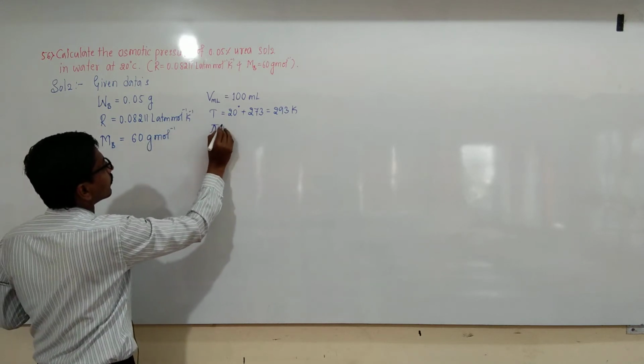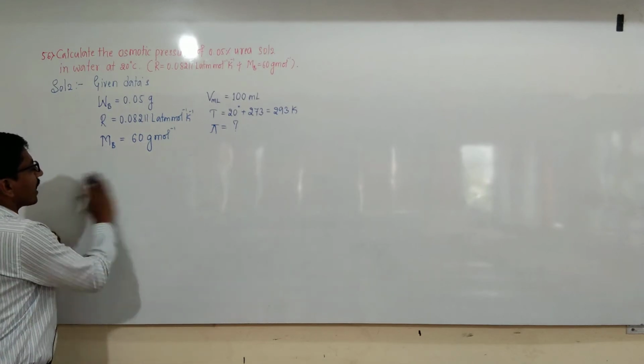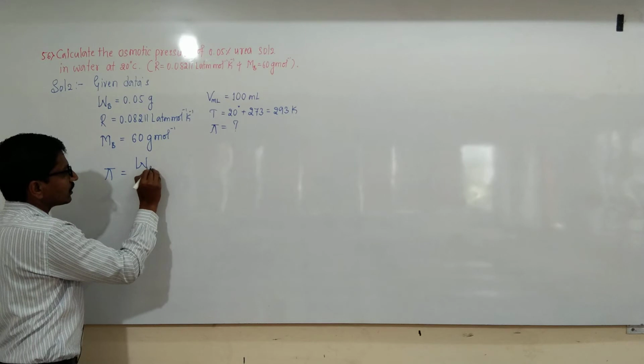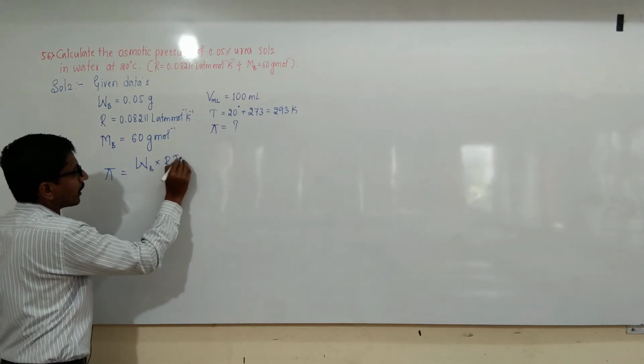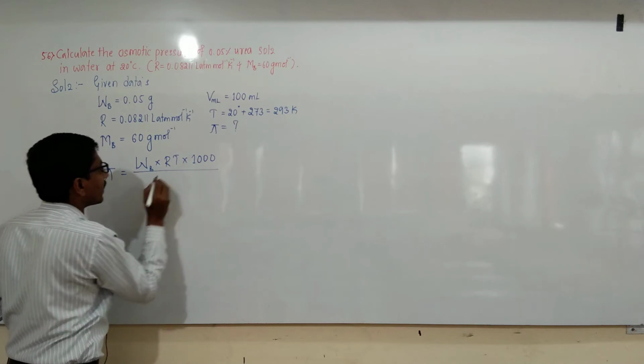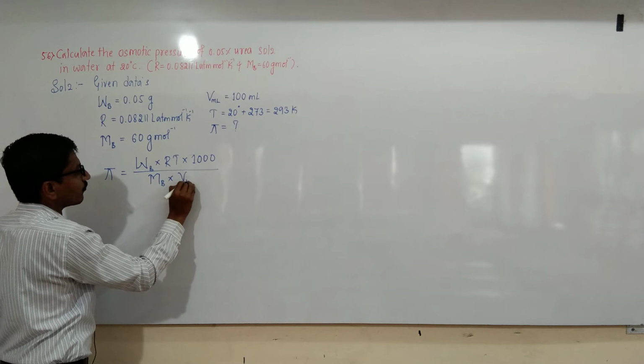Then from these values osmotic pressure is calculated by using a relation pi is equal to WB into RT into 1000 divided by MB into V in ml.